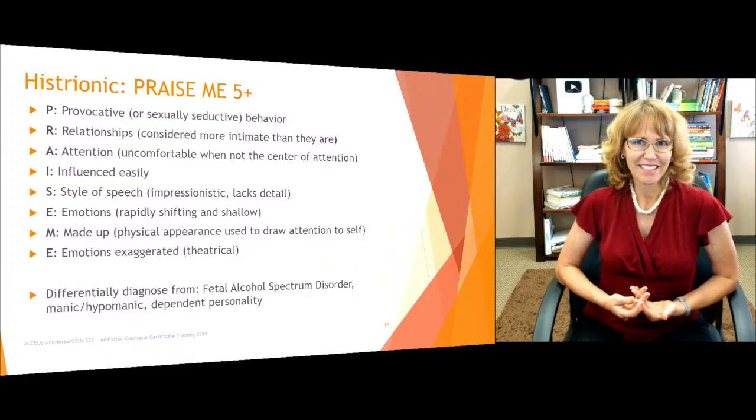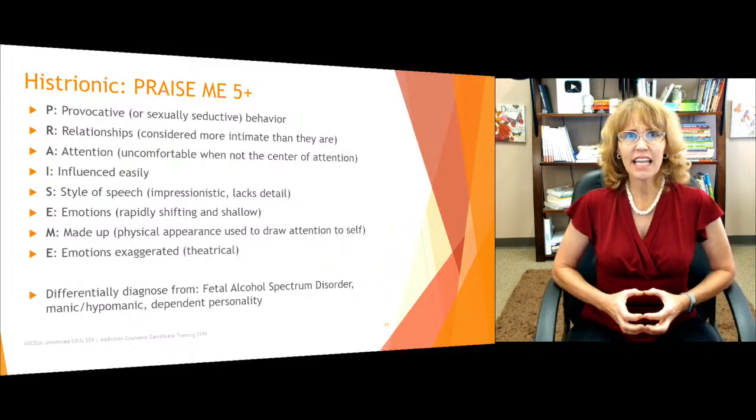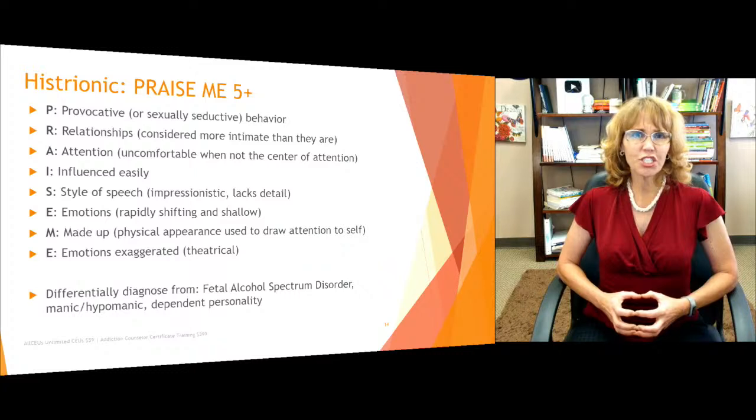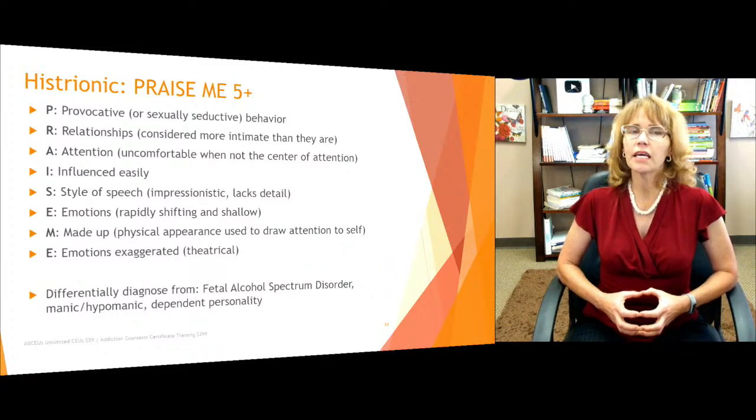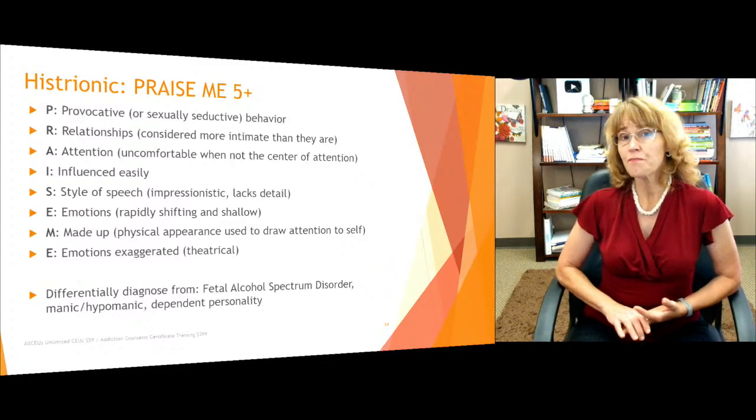Think about how these behaviors might have helped somebody in a household in which caregivers were completely detached. They were overwhelmed with their addictions, their mental health issues, domestic violence, whatever.